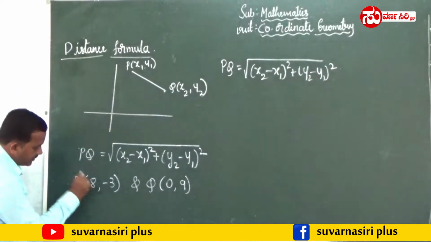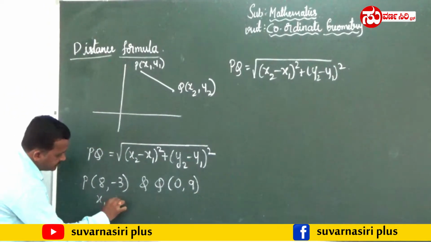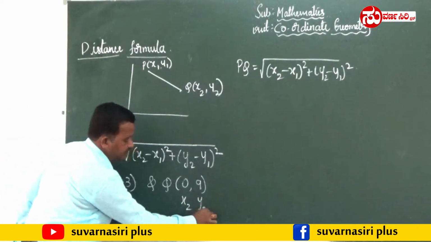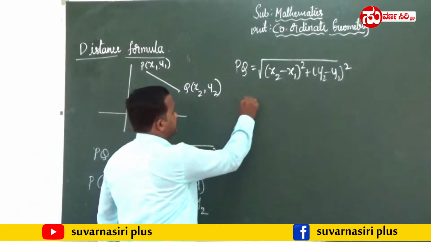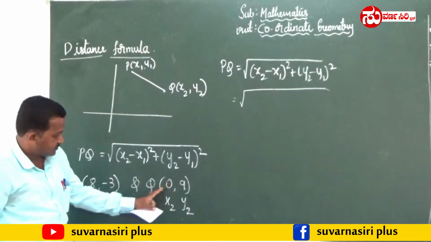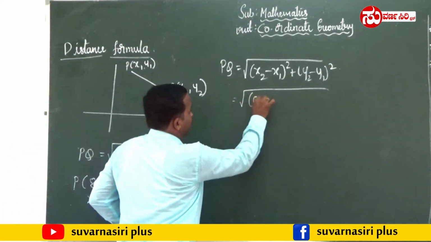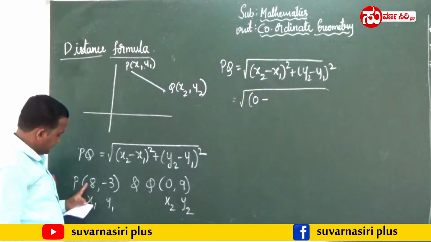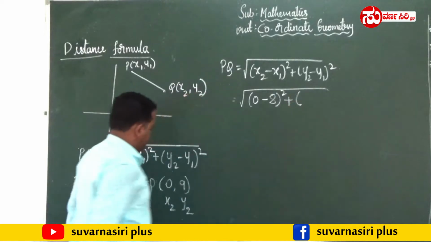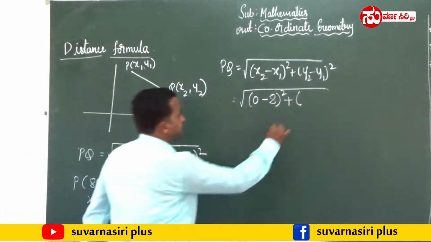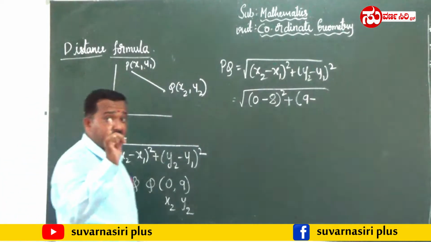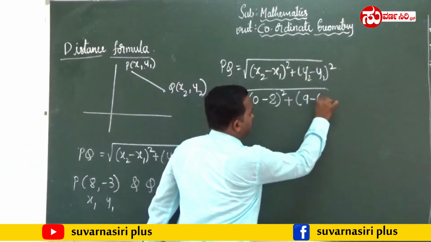Denote P as x1, y1 and Q as x2, y2. Now substitute all the values: x2 is 0 minus x1 which is 8, so (0 minus 8) whole square, plus y2 which is 9 minus y1 that is 3, keep the bracket, one more bracket here.